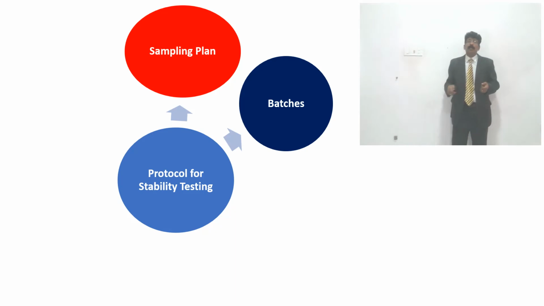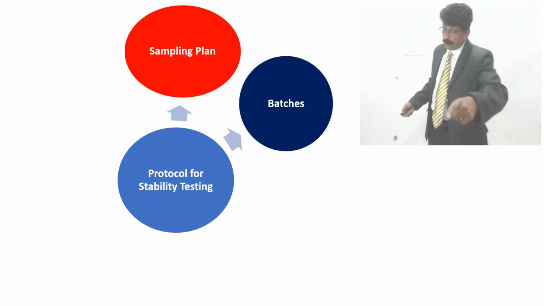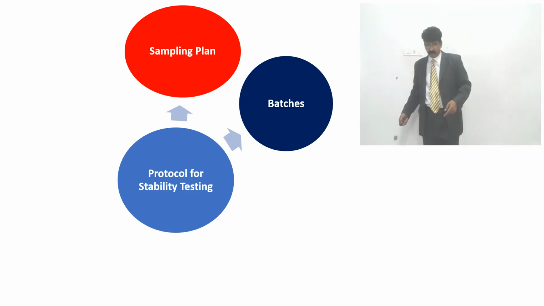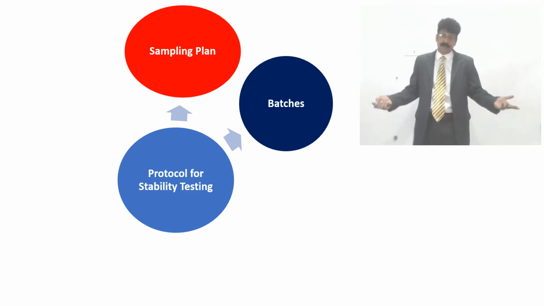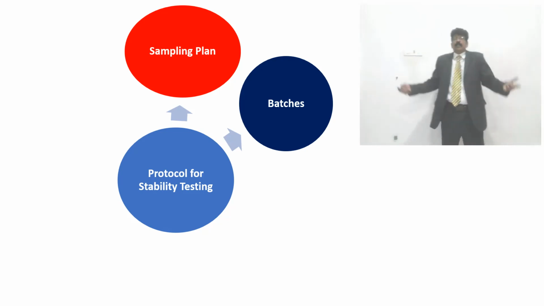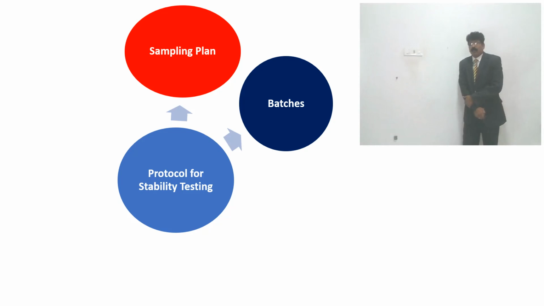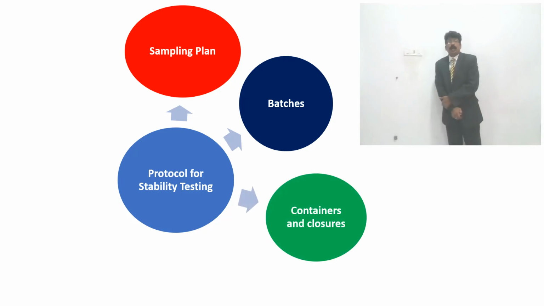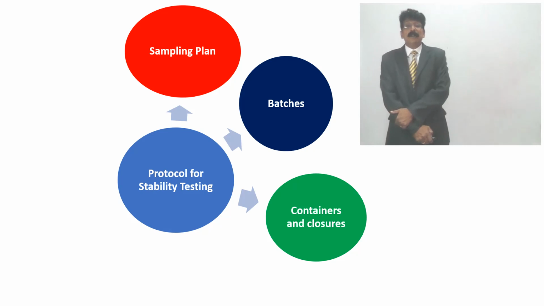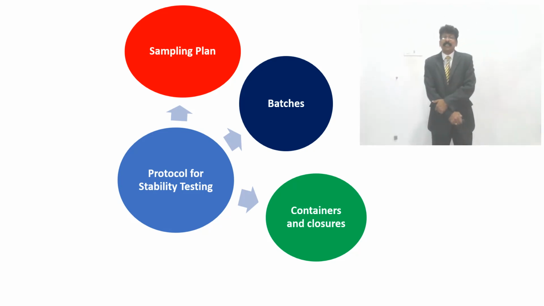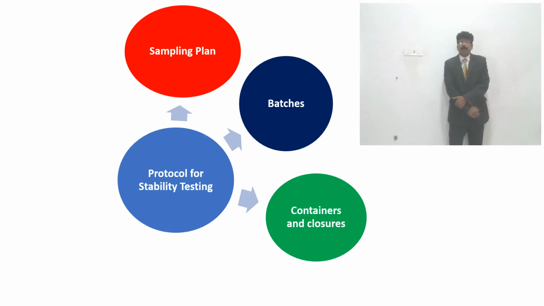So here also, protocol for stability testing: from where you have to take the sample, how many samples you have to take, what type of formulation, what type of stability test you are going to perform. All these things have a parameter over it. And containers and closures. What is the protocol of stability testing? Containers and closures also have an impact on this.